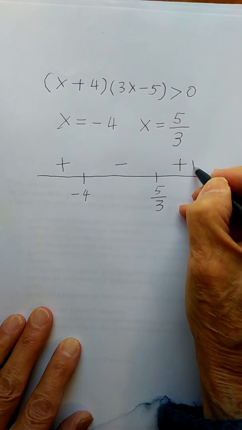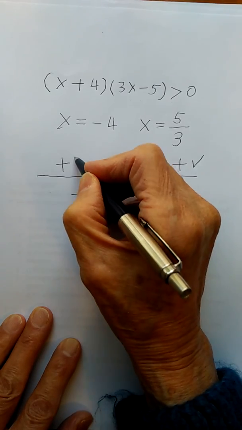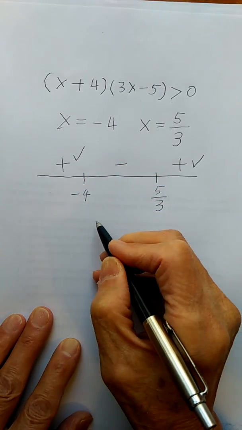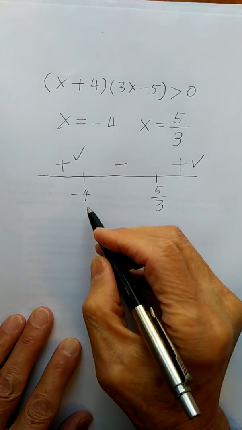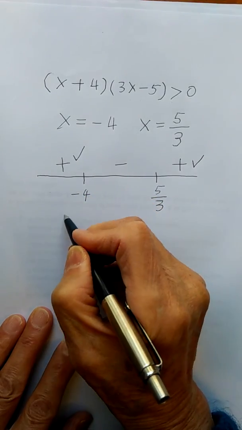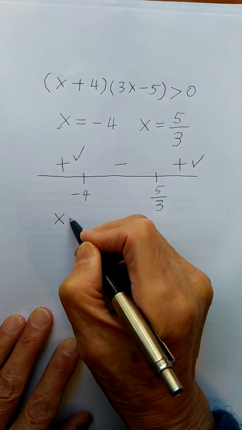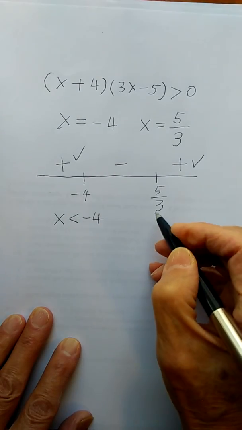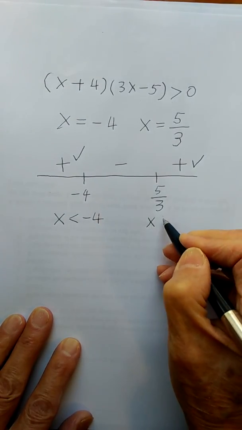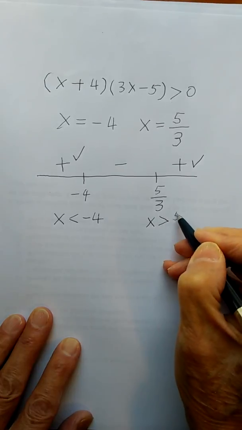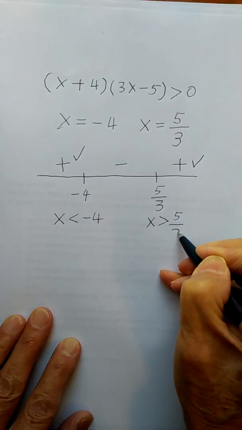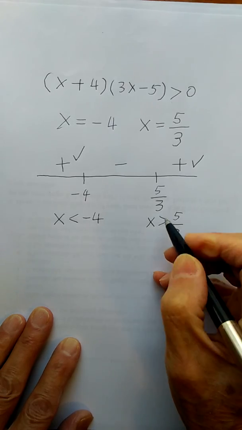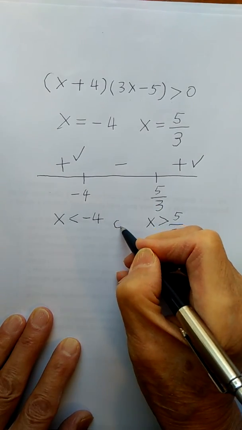So this is what I want, and this is also what I want. For this part, it is x less than -4, and for this part, x larger than 5/3. And they are connected by OR.